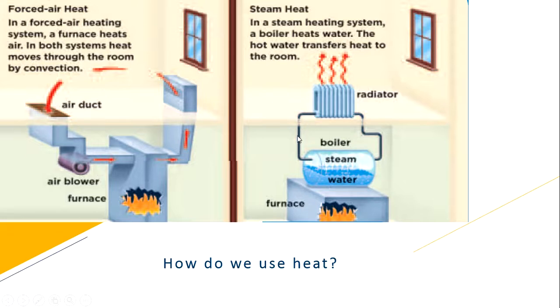Now, the convection currents circulate air through the room, and the room is warmed. The heated air is less dense than the cooler air, so it rises in the room, and as it cools, it sinks back down, and it's eventually heated again.